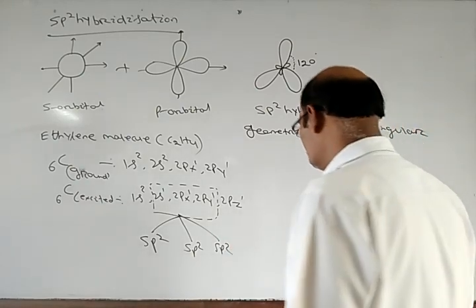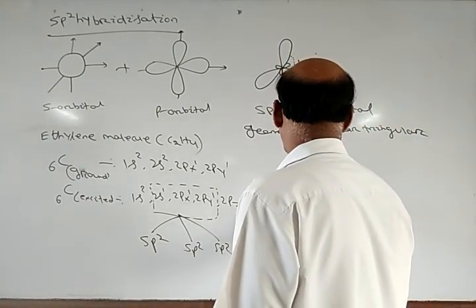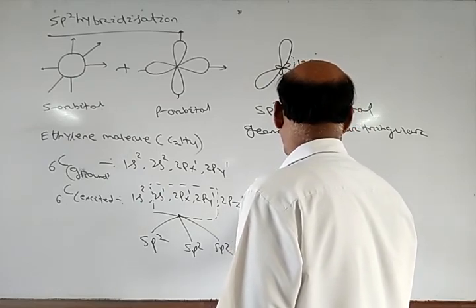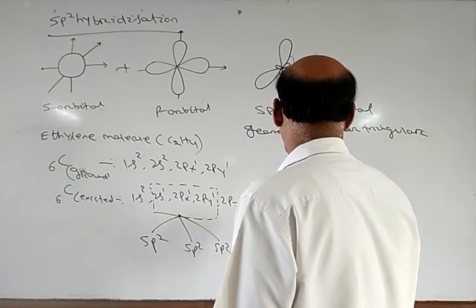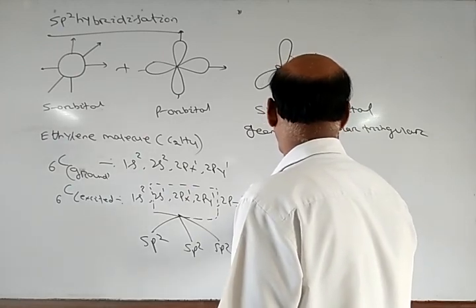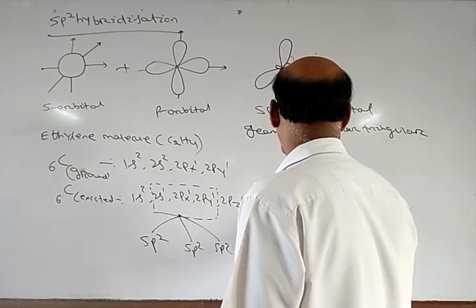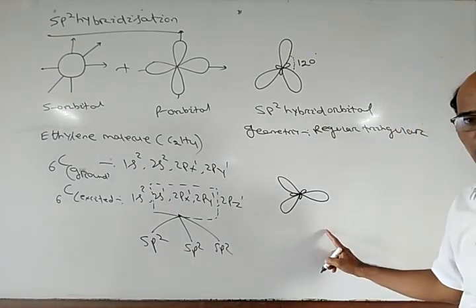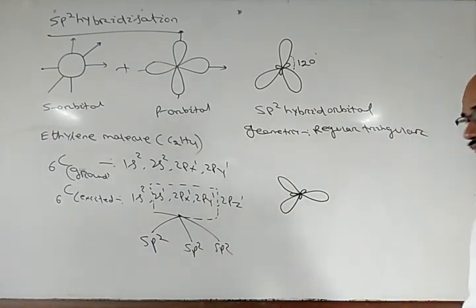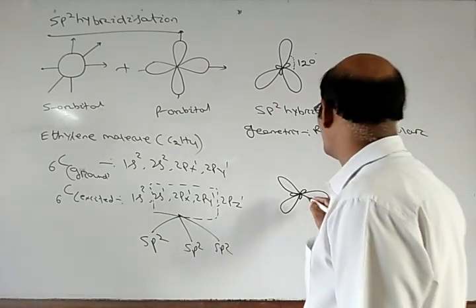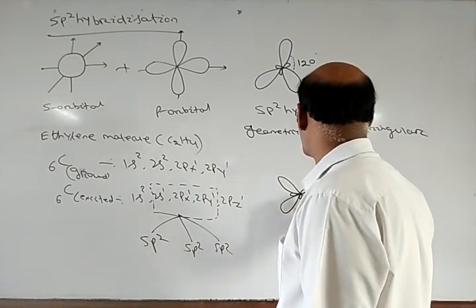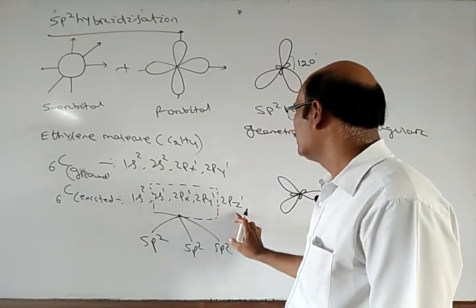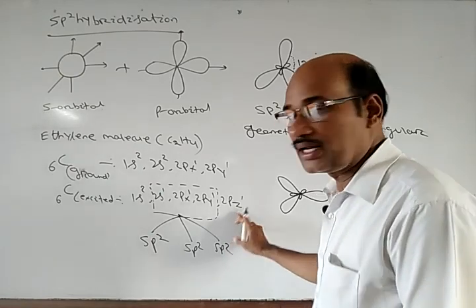Let's see. This is what, 3 sp2 hybrid orbitals, and again we have a 2pz unhybridized orbital.